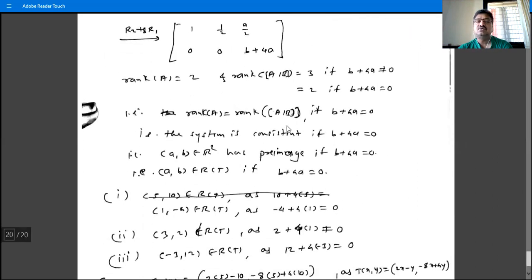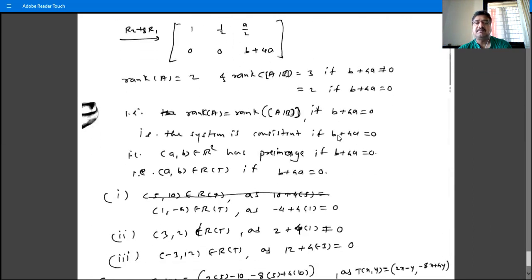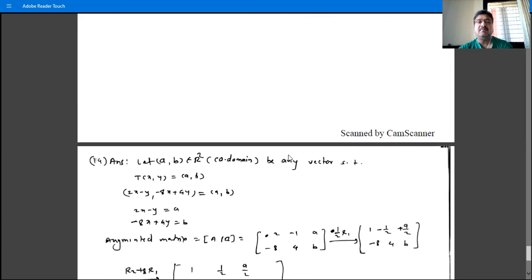When the two ranks are the same, that is, if b plus 4a is 0, then rank of A is 1 and rank of [A|B] is also 1, and the system is consistent. So this system is consistent if b plus 4a is equal to 0. Therefore (a, b) in R² has a pre-image.